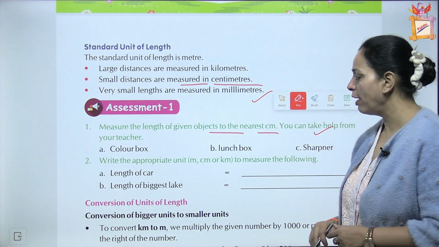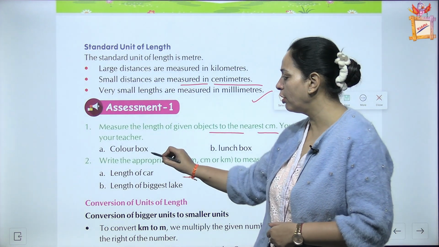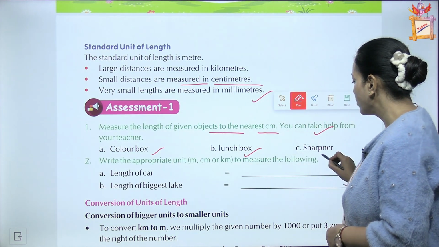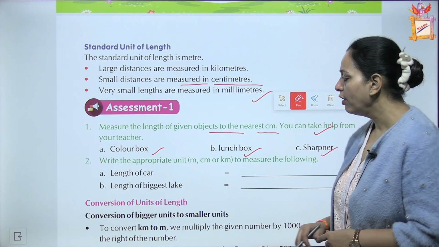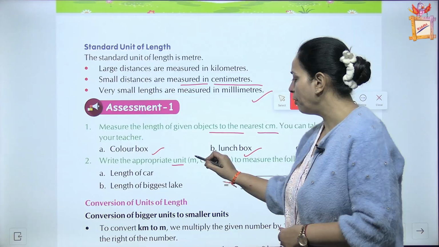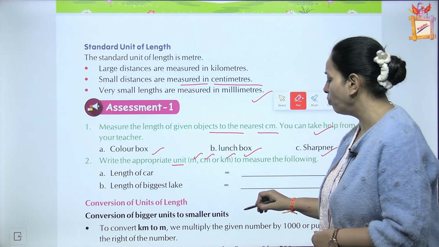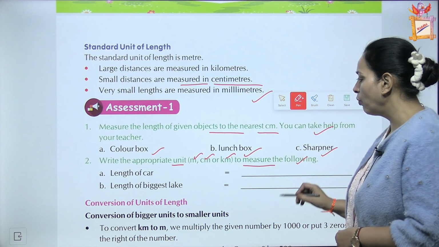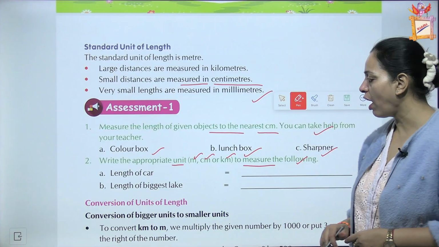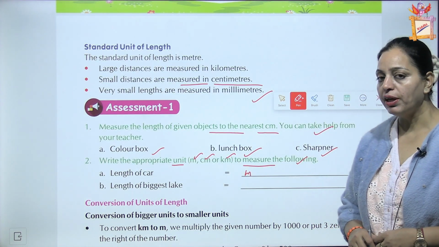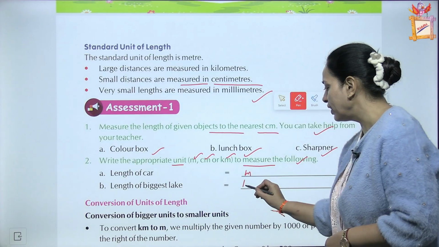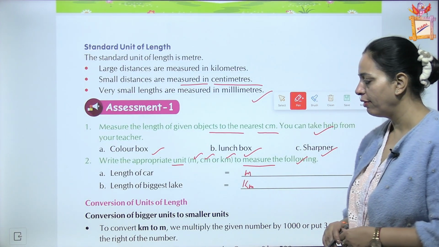You can take help from your teacher, like color box, lunch box, sharpener. You can measure its length. Now the second one, write the appropriate unit, meter, centimeter or kilometer, to measure the following, like length of a car. So meter. Length of the biggest lake, that is kilometer.